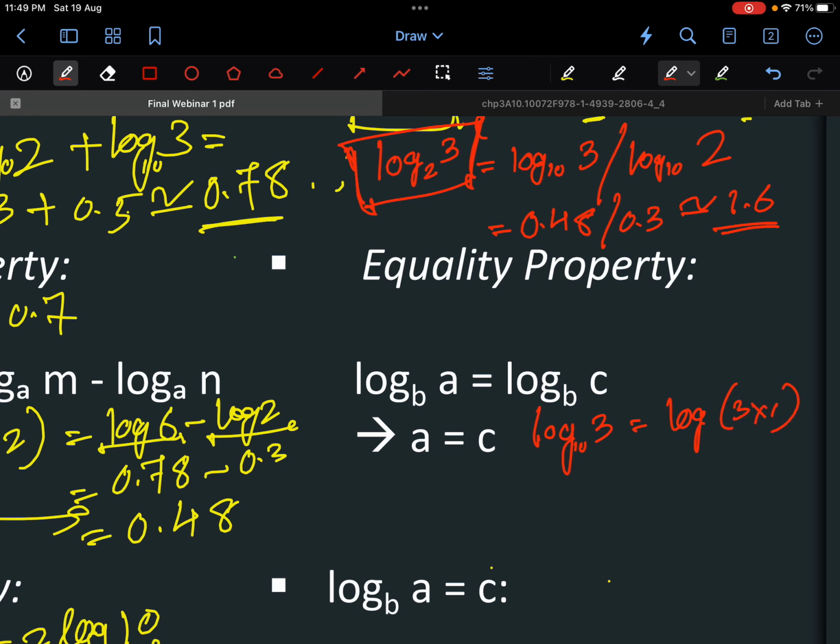In this case, you can say that the logs are cancelling out, but again it is not mathematically correct. But for us we will say that the logs are cancelling out, and 3 equals 3 into 1, which is correct, we know that. So you can check with any value: if two numbers are given and the base of the logs are the same, then a equals c.